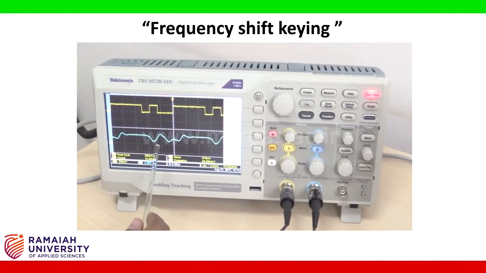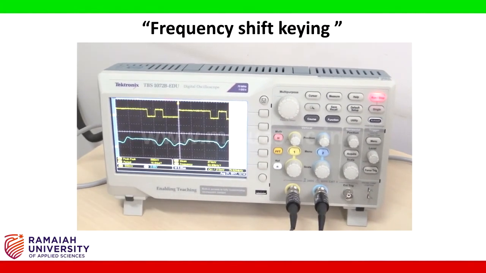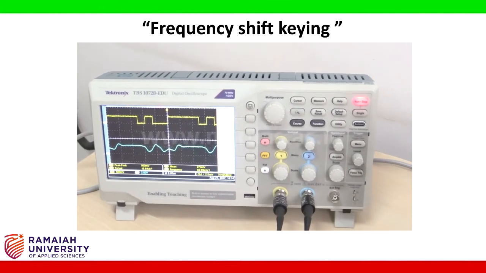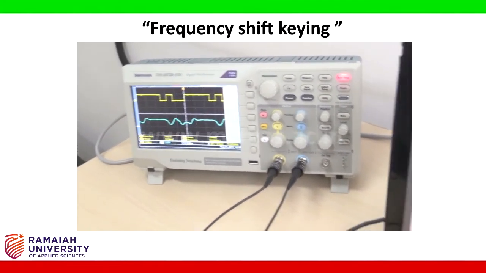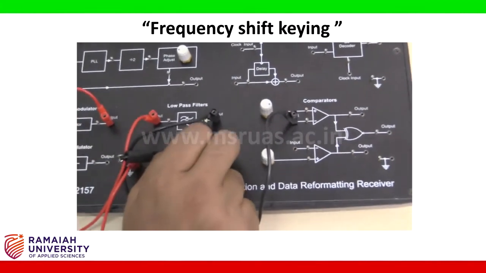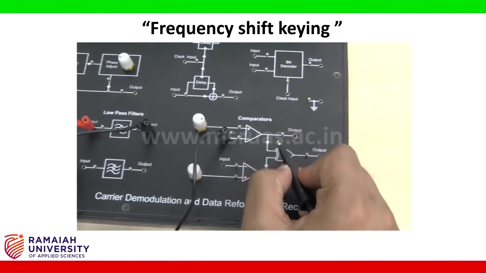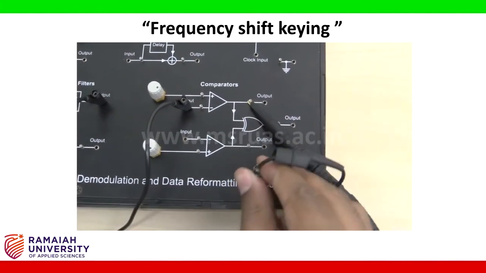If I pass this waveform through a comparator, you will get the completely demodulated waveform. I am connecting output of the comparator and the negative to the ground.